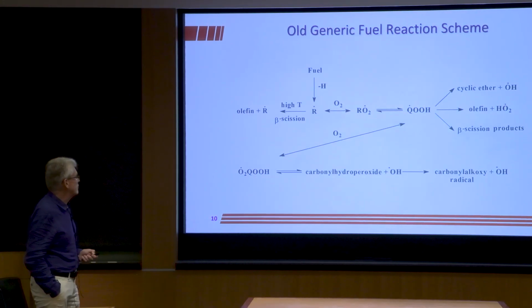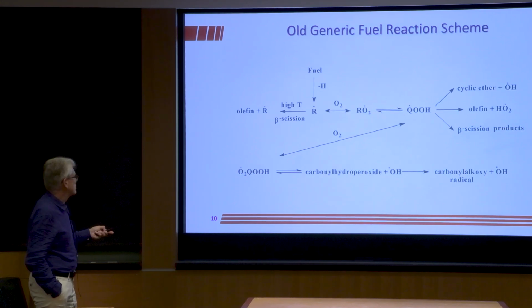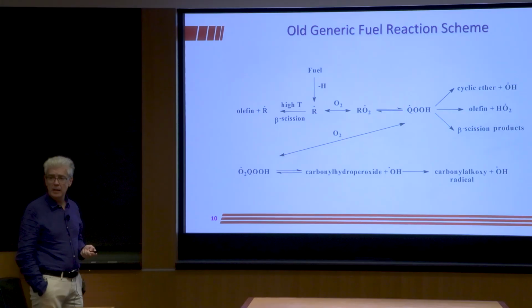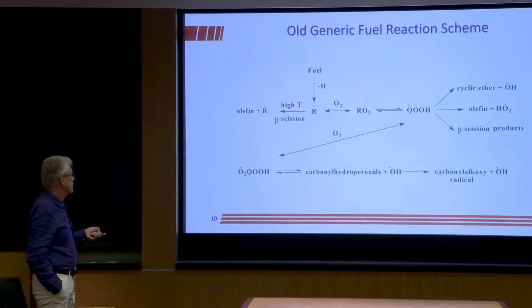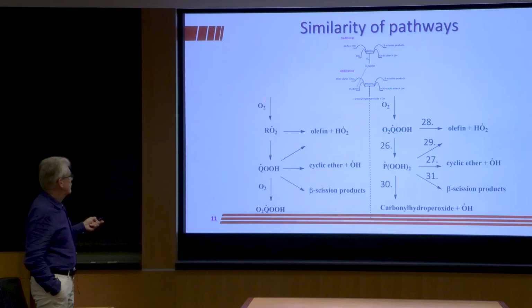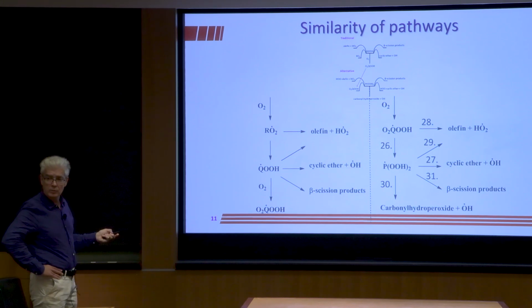So this is the general scheme for reactivity. Let me go back. So we had no reaction, for instance, in the mechanism where the RO2 went directly to olefin plus HO2, right? That was in the mechanism published in 2002. And then we had these ones, okay? For instance, if you think we generate the alkyl radical, that adds to O2, we get RO2, and that can give you olefin plus HO2, right?